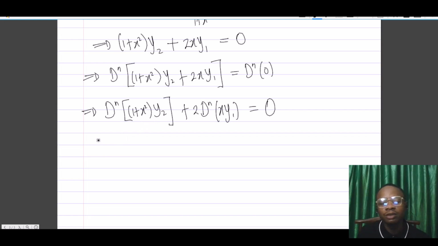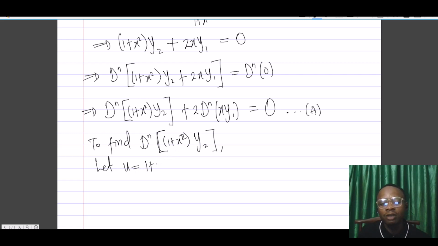All right, so we can identify this and say this is our equation 1. And then to find this first derivative, the nth derivative of 1 plus x squared into y2, we say let u be equal to, we know the derivative of this will vanish, let u equal 1 plus x squared, and let v be equal to y2.